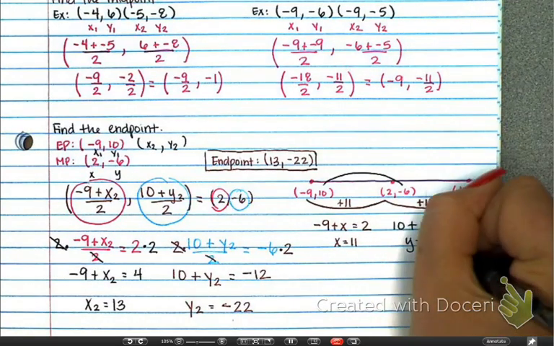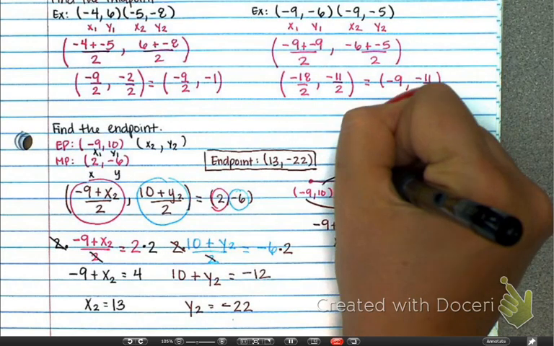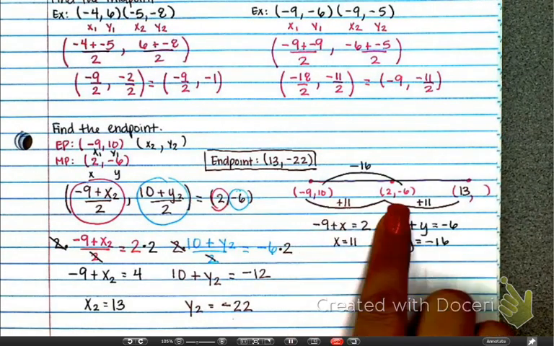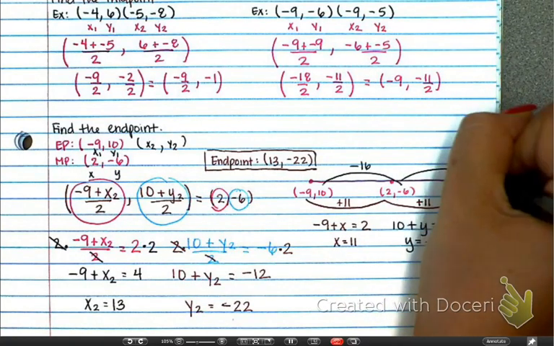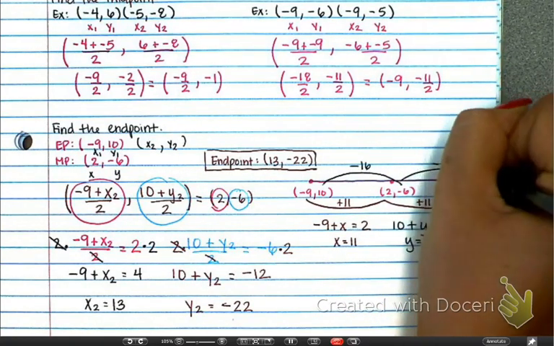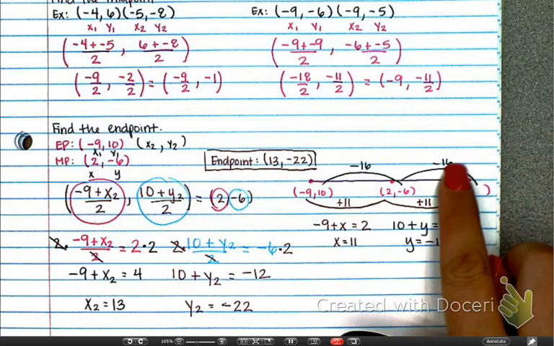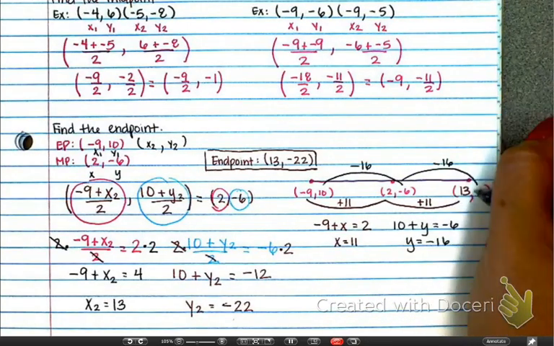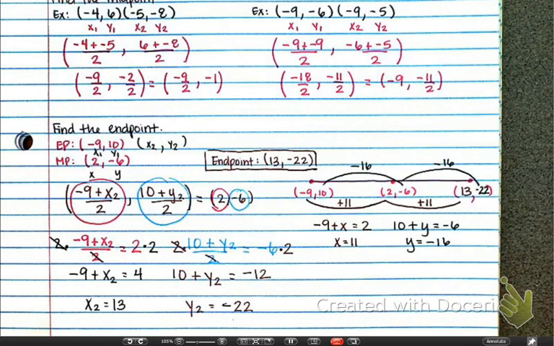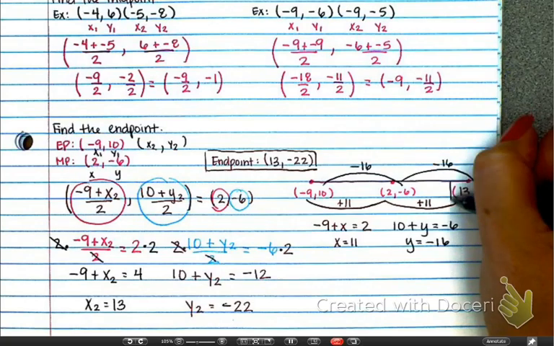Negative 16. So that means I'm subtracting 16 units to get to the midpoint, which means I need to subtract 16 units to get to the other endpoint. What is negative 6 minus 16? Negative 22. Here is my endpoint.